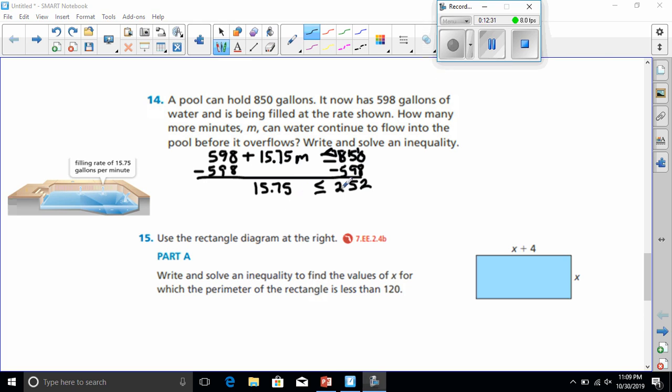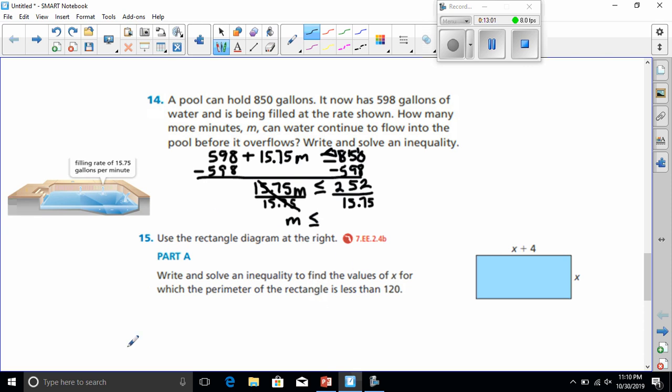Going into the second step, I realize that I have to get 15.75 away from m, so I'm going to divide 15.75 away. And whatever I divide from one side, I have to divide from the other. And now I've got rid of the numbers here, leaving m by itself. I didn't divide by negative numbers, so my sign will stay the same direction.